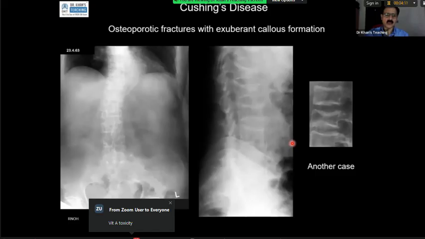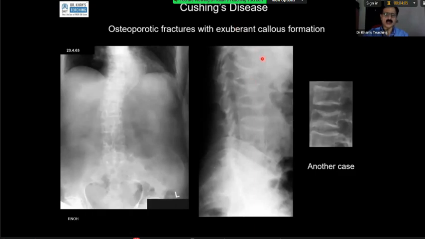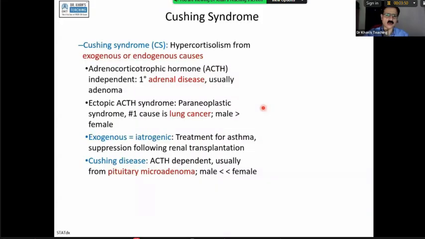The key thing to remember is the callus formation, which is exuberant, and this is quite a unique phenomenon in Cushing's. So you will see these fractures, and you will see the sclerosis is slightly more than what is expected. And this is because of exuberant callus formation.